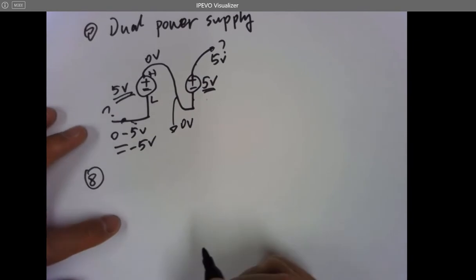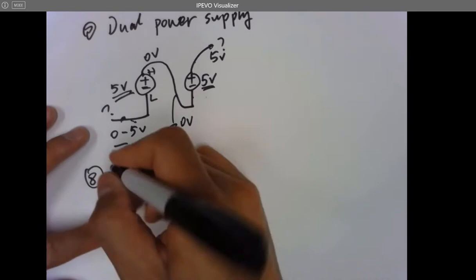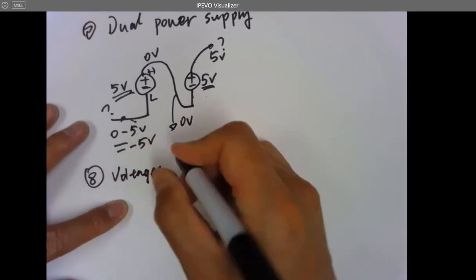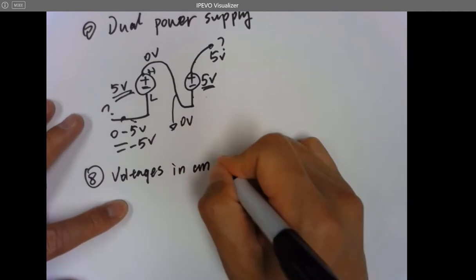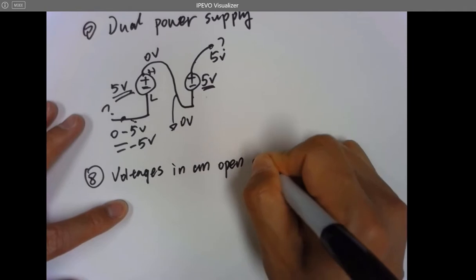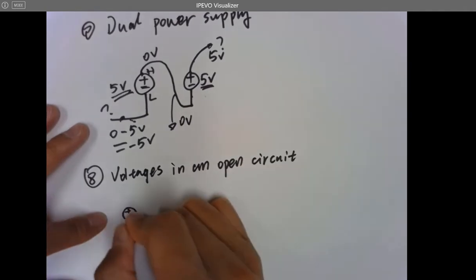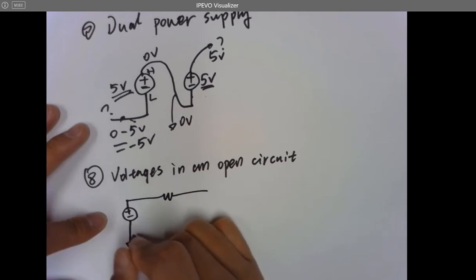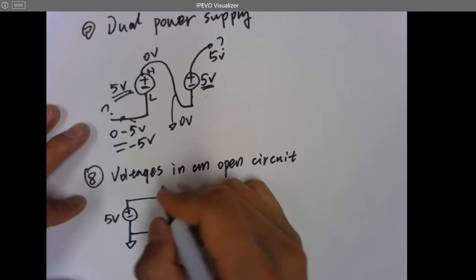So the very last one I'm going to introduce in this lecture is voltages in an open circuit. So something like this. Okay, this is the 5 volts battery, and this is the 1 k ohms.